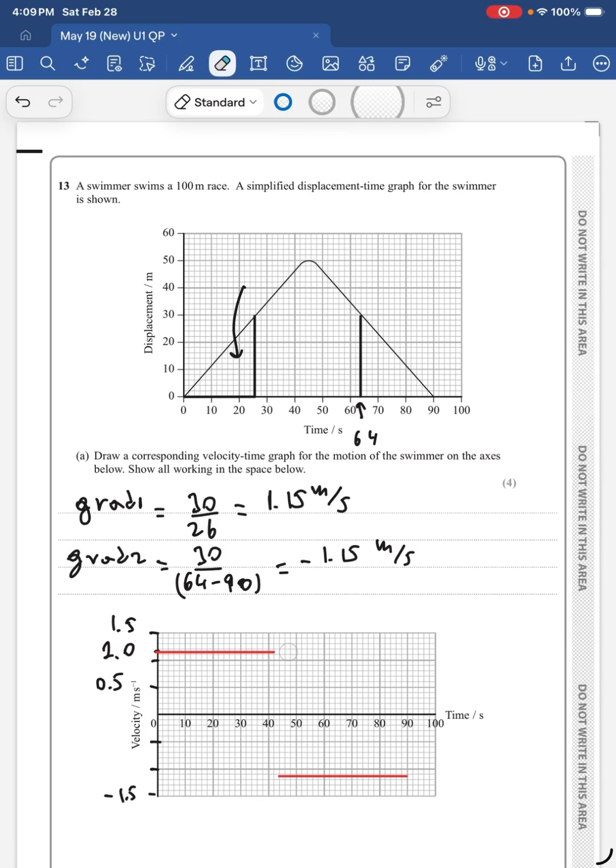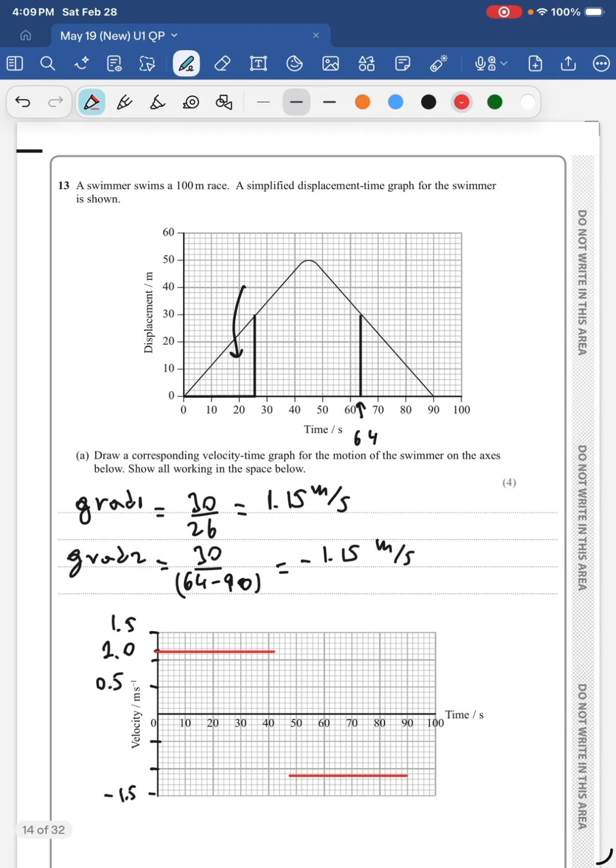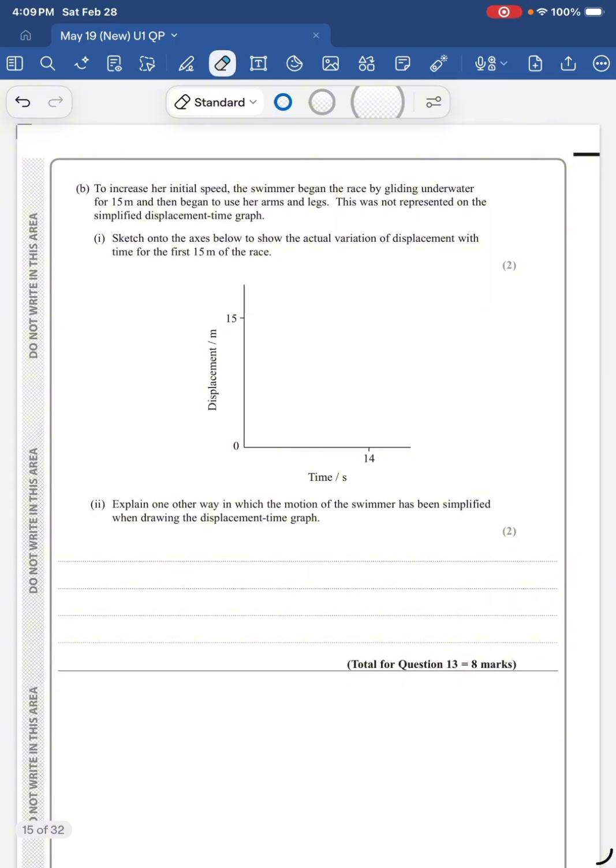I'm sorry for returning back, but there should be something like a continuous line, right? So the velocity drops to 0 and then you have to connect the graph like that. Okay, it doesn't work. Let me see. Something like that. All right, this makes more sense to me now. Sorry, it was in my head.